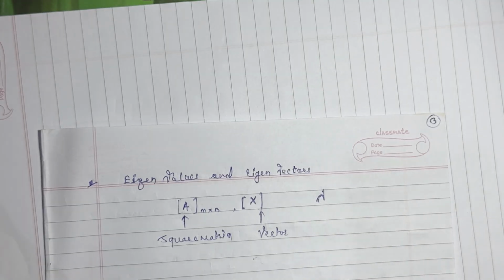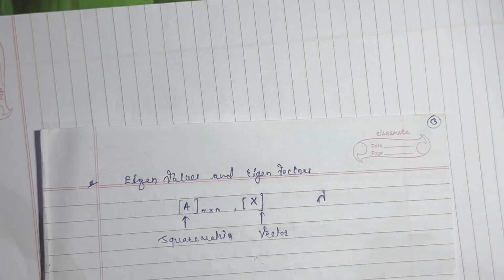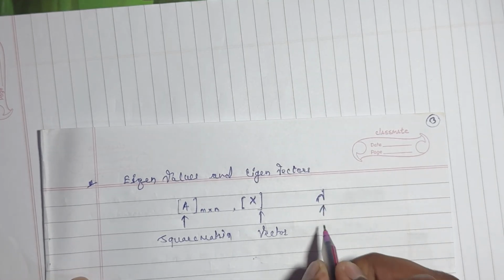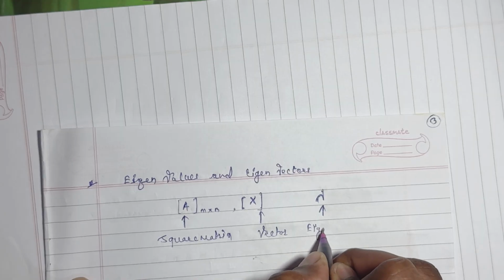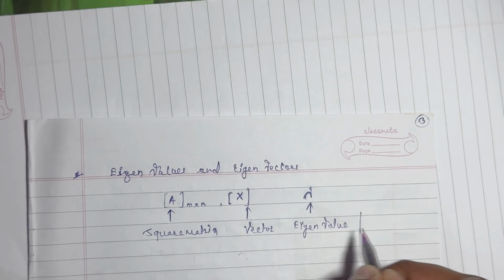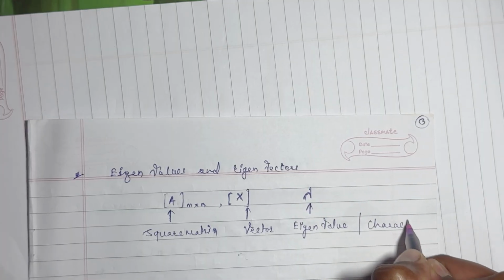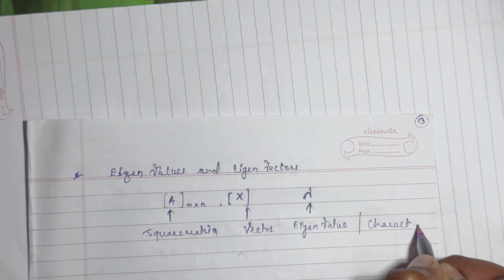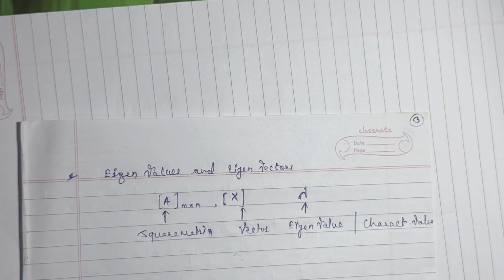We define lambda as an eigenvalue or a characteristic value. It is some scalar or some constant.